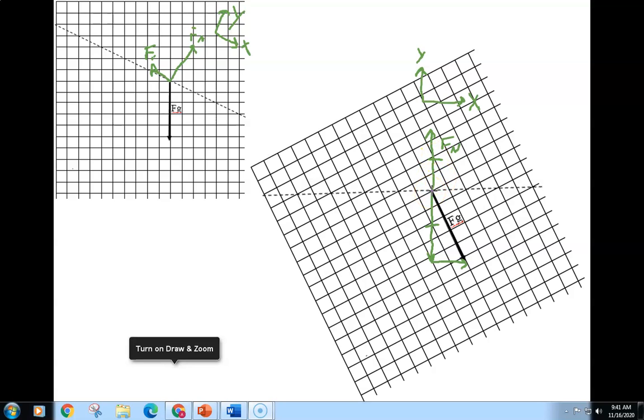And then my frictional force is going to be up the slope, and so that's my force of friction. That's going to cancel out, so we'll use double hash marks to show that it's different from the first one, but it's the same as the quote-unquote x component. So this is the x component of gravity.